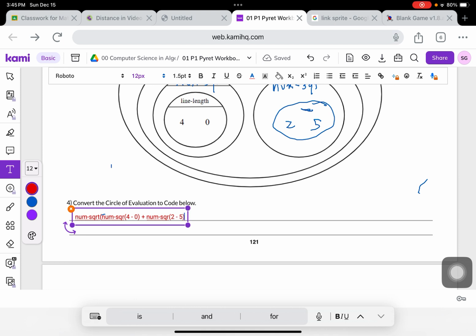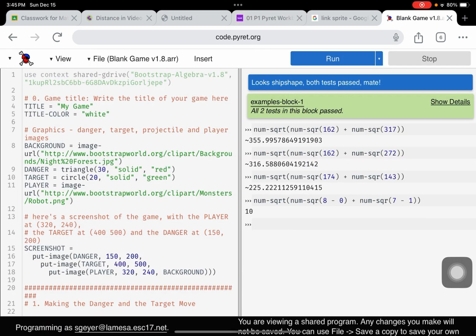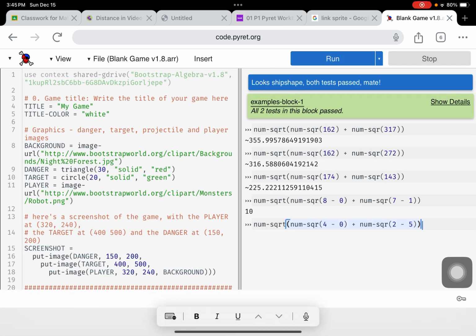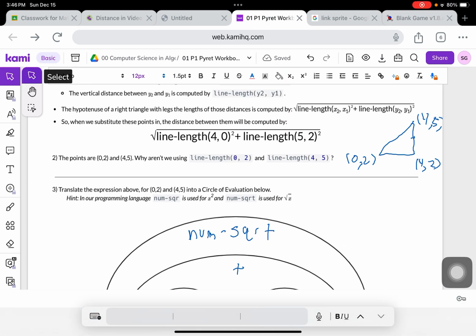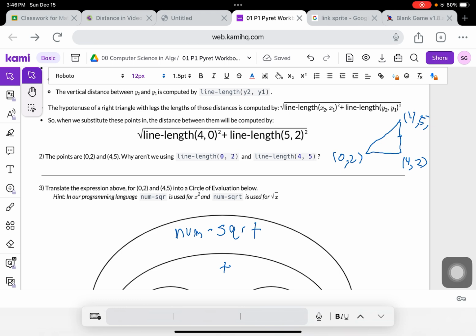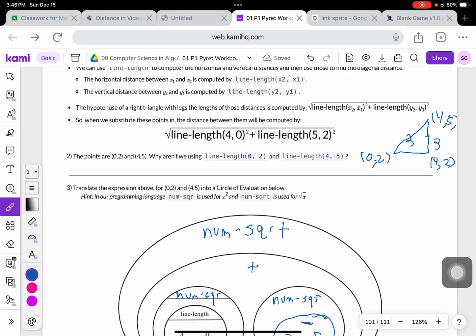And then close the square root. And then you can copy that into Pyret. And that will give you 5. So that's a 3, 4, 5 triangle. So 5 minus 2 is 3, and 4 minus 0 is 4.